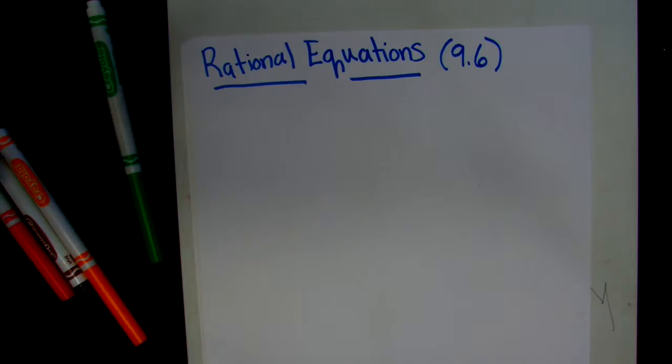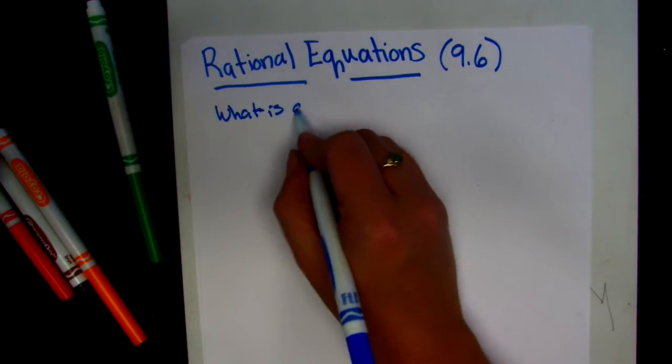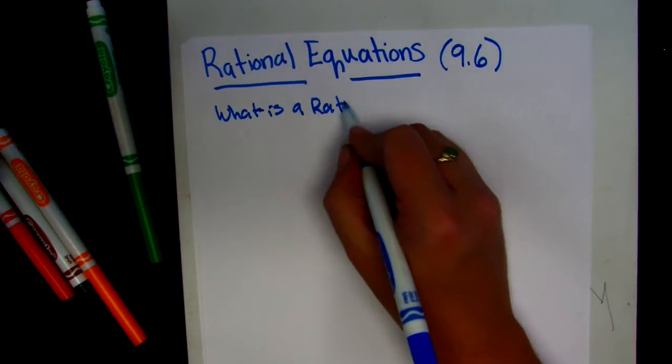So a rational equation is just an equation that contains at least one rational expression. That's what a rational equation is.